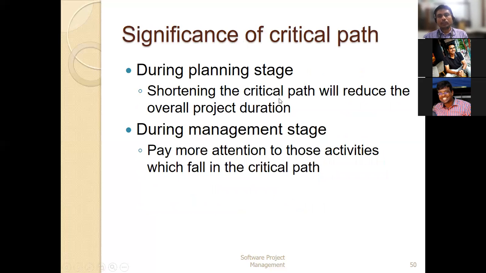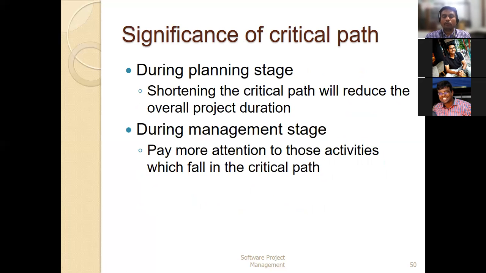Now, what is the significance of this particular critical path in this particular project? First one is during the planning stage. Whenever any project is being taken, the first thing is they need to go for planning. When they are planning, during that time we can identify the critical event as well as the critical path through this CPM.